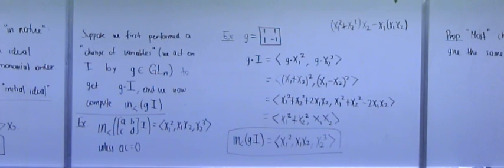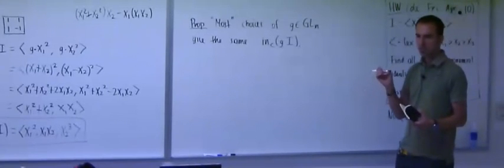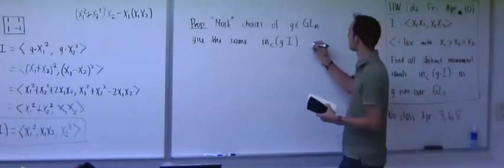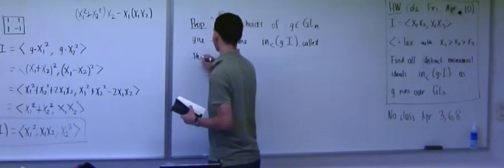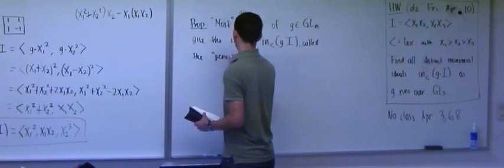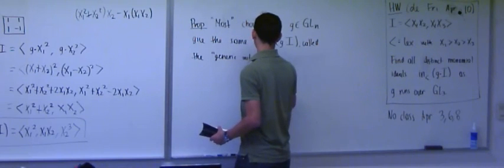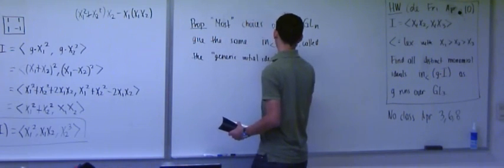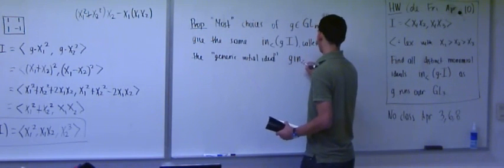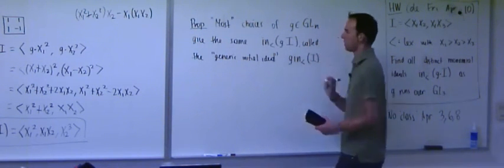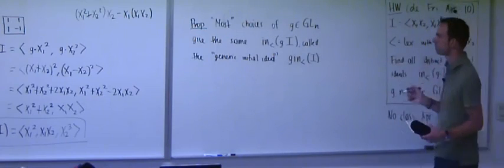And so, since most of the time we get the same answer, we give that guy a name, and that guy is called the generic initial ideal, and it's denoted GIN of I. Okay.